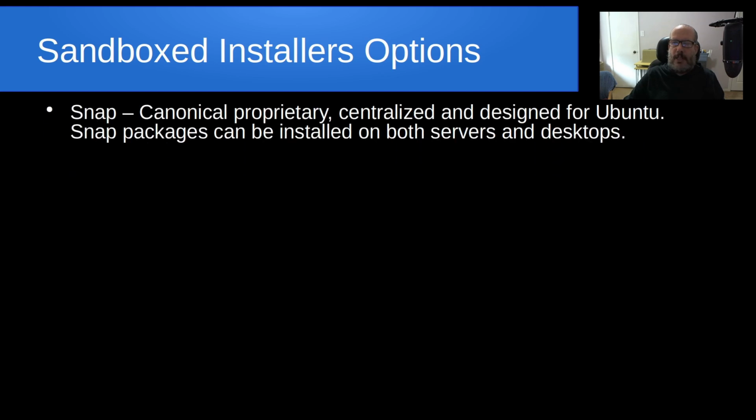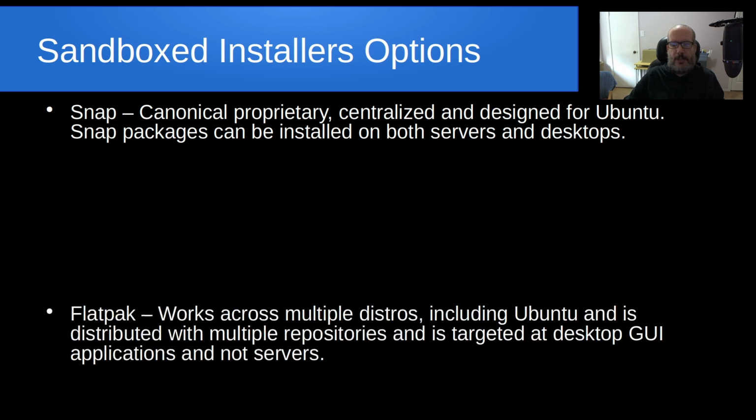So there are some options with your sandboxed installations. First of all, we have Snap, as I mentioned earlier, and that is a Canonical proprietary product. It's centralized and it's designed for Ubuntu. Snap packages can be installed on both servers and desktops.